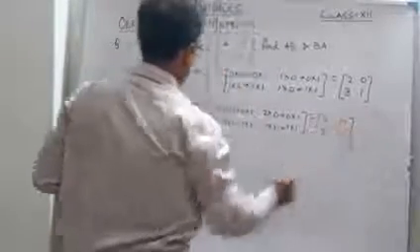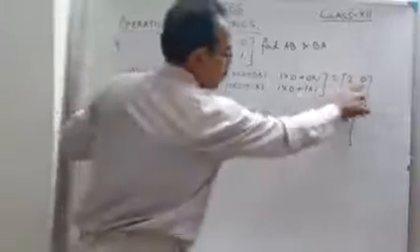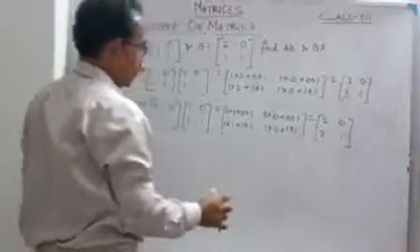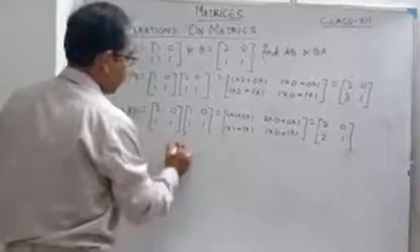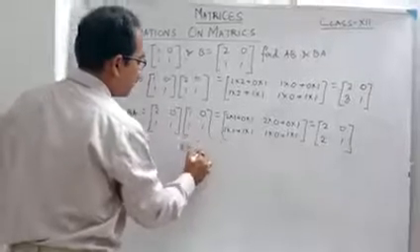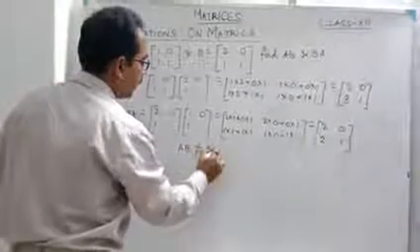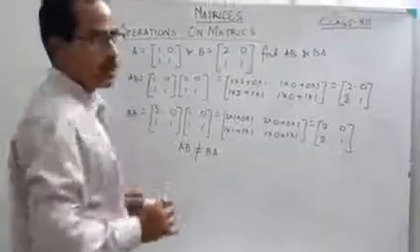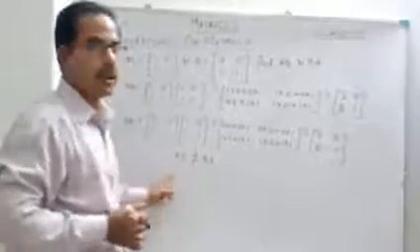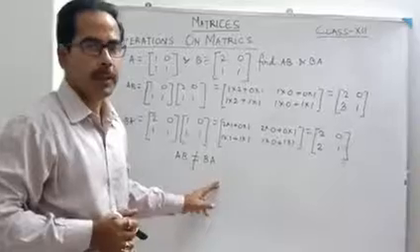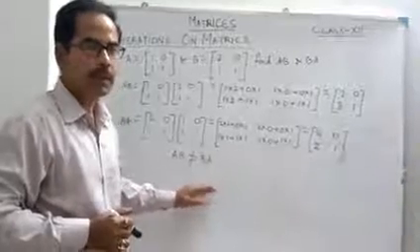Just check it out. AB, what we have got, is [2 0; 3 1], and BA, what we are getting, is [2 0; 2 1]. Obviously, therefore I can say that AB is not equal to BA. So what I actually want to say, students, is that in matrix multiplication, AB is not equal to BA. This is very, very important.